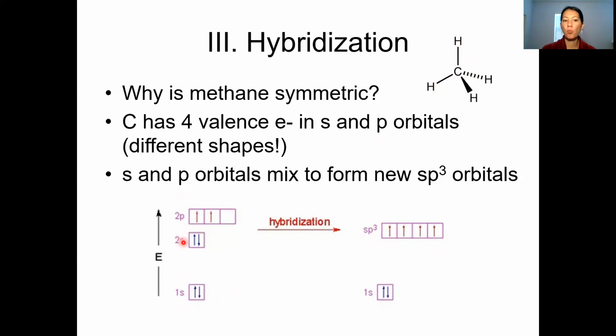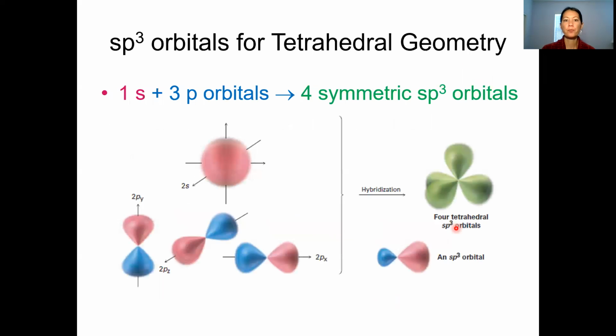Since we're going to mix 1 s and 3 p orbitals, we call those sp3 orbitals. And those 4 electrons can now go in those 4 orbitals that will bond to each of those 4 hydrogens, allowing for that perfectly symmetric tetrahedral shape.